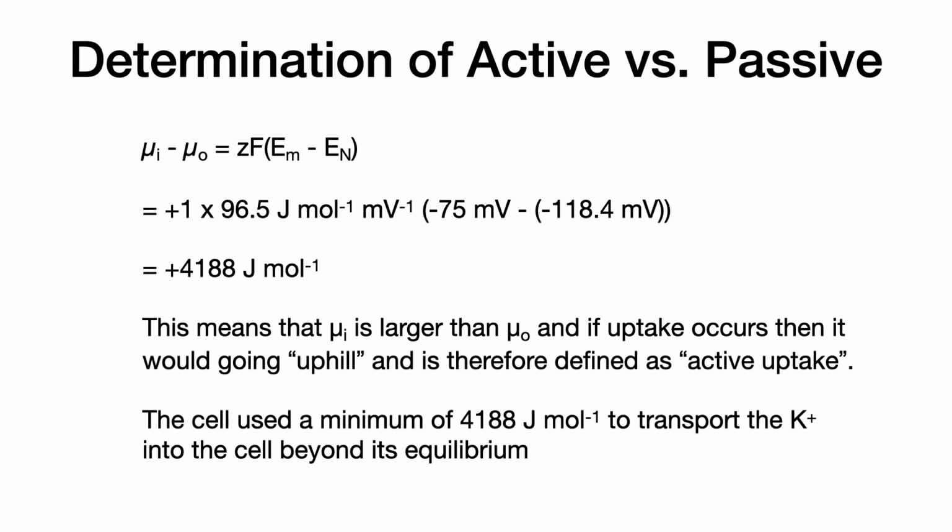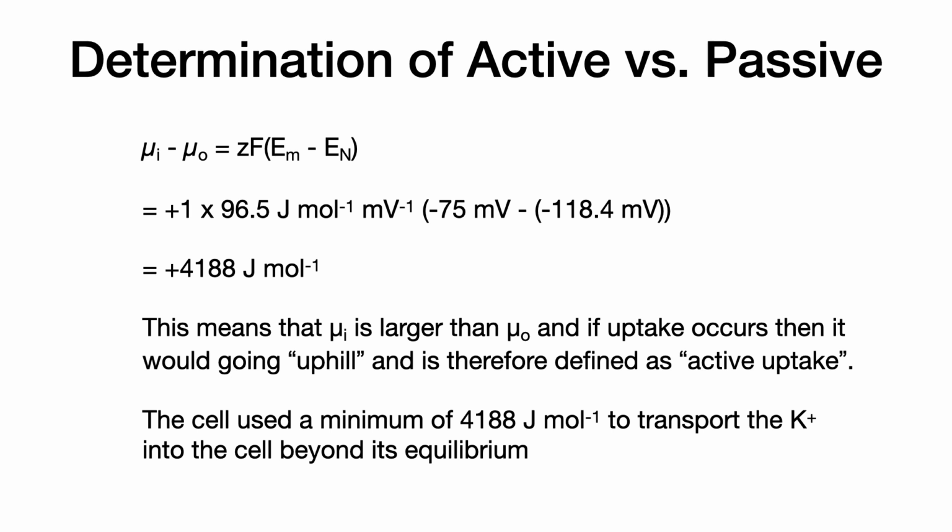If we compare the two chemical potentials, the inside of the cell versus the outside of the cell, by subtracting the chemical potential of the outside of the cell from the inside of the cell, this is equal to ZF times the membrane potential, which was measured, minus the Nernst potential, which is the calculated equilibrium membrane potential. We can come up with a sum here as an example.